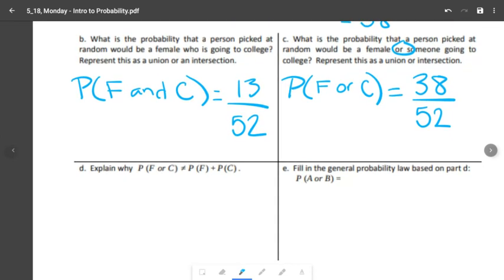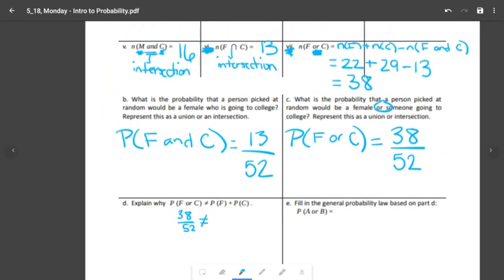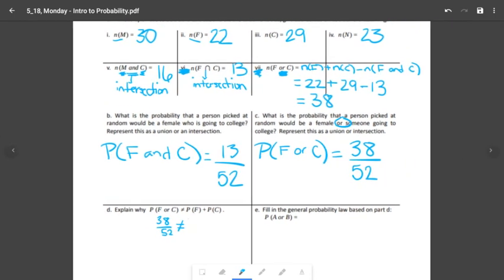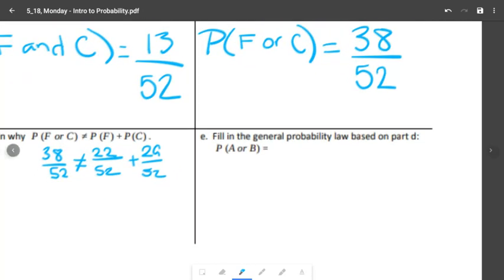Part D, explain why that probability we just found, 38 over 52, is not equal to the probability of being female, so 22 over 52, plus the probability of going to college, which would be 29 over 52.